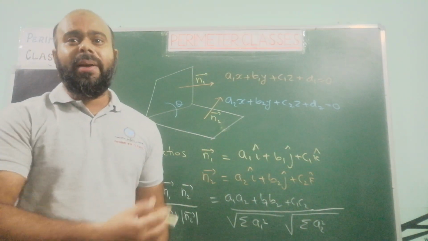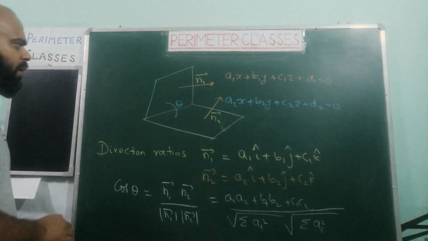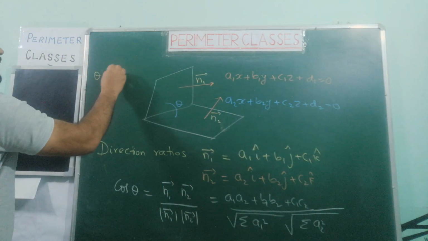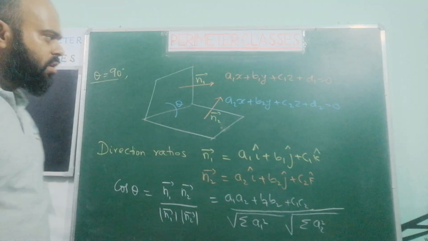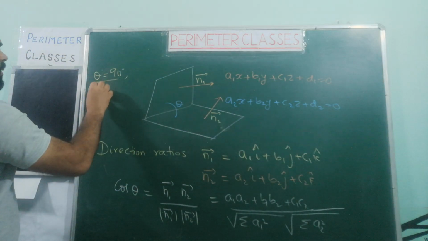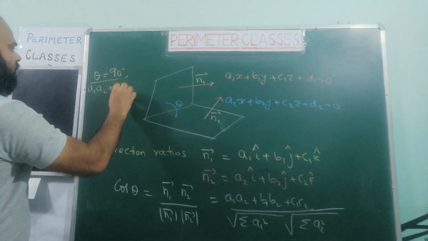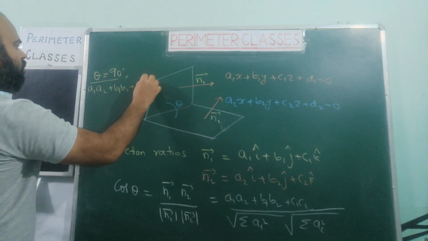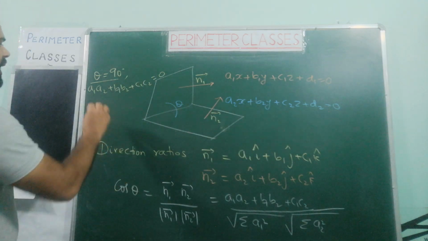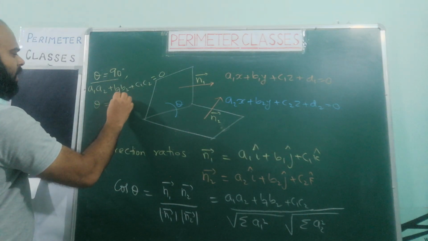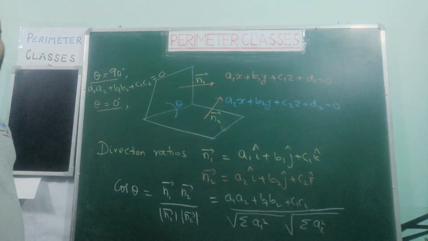And suppose these two planes are perpendicular planes, theta is 90 degrees. So in that case, cos of 90 will be 0, and the special condition will be a1 a2 plus b1 b2 plus c1 c2 equal to 0. If the angle between them is 0 degrees, that means the planes are parallel.